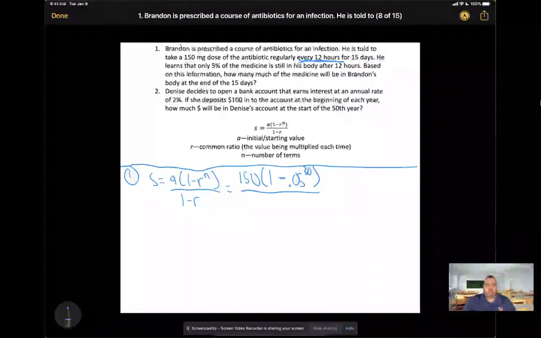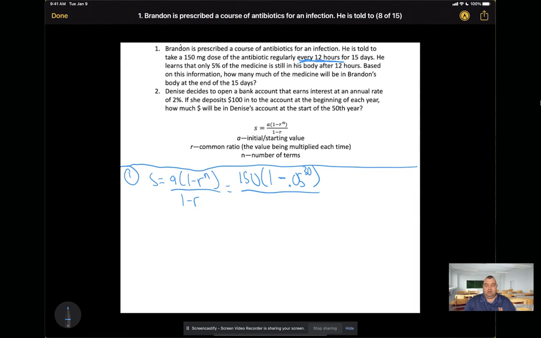So it'll be 150 times 1 minus 0.05 to the power of 30 divided by 1 minus 0.05. So let's go ahead and find this answer.